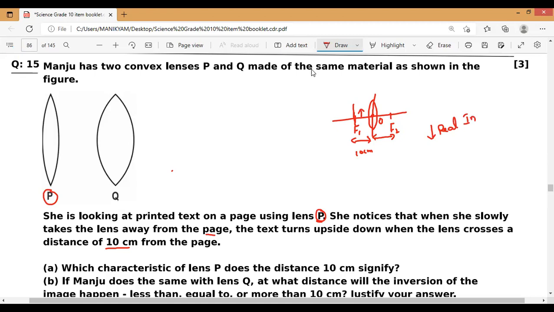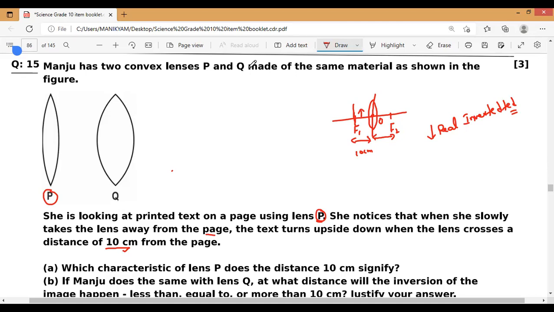Real image, inverted. So the object has gone behind F1. Is it right or wrong? Will you all accept it? Please, everybody, that is what you have to remember. So the focal length of the lens may be 10 centimeter, or if it is less than 10, that's fine.